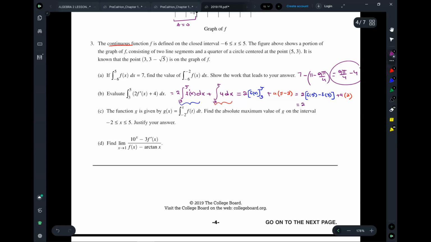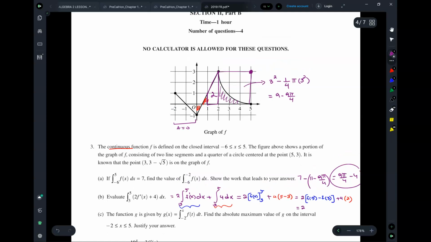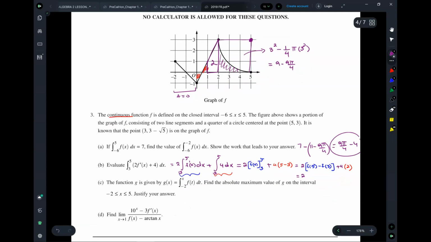Okay, so 2 times, what's f of 5? 0. Love those zeros, man. Minus f of 3. How much is f of 3?